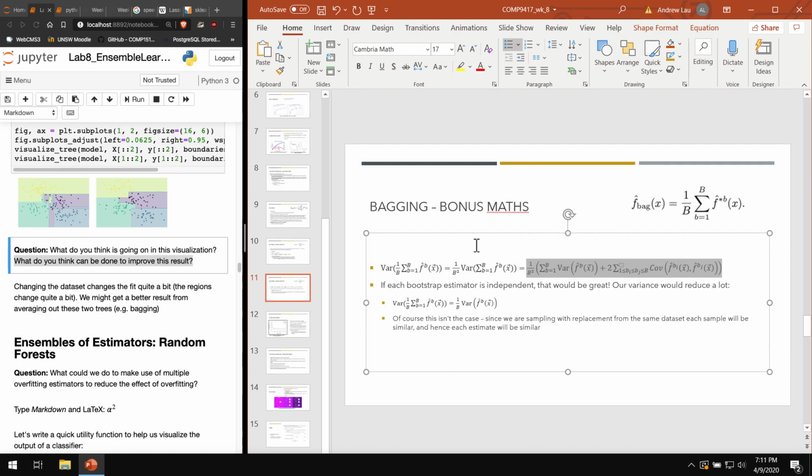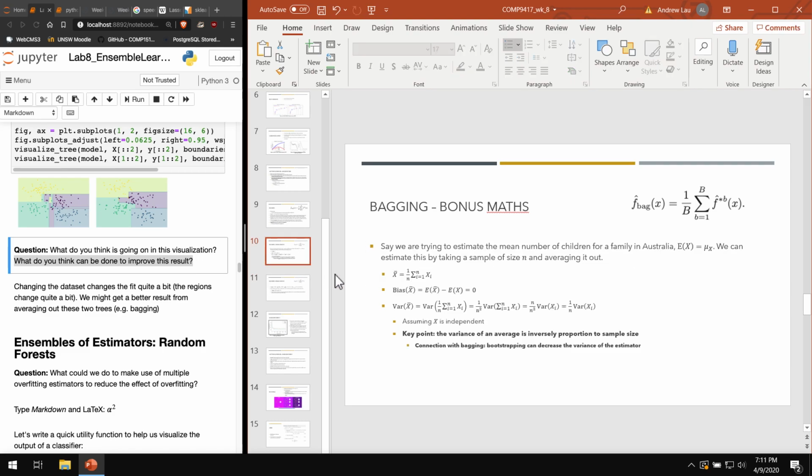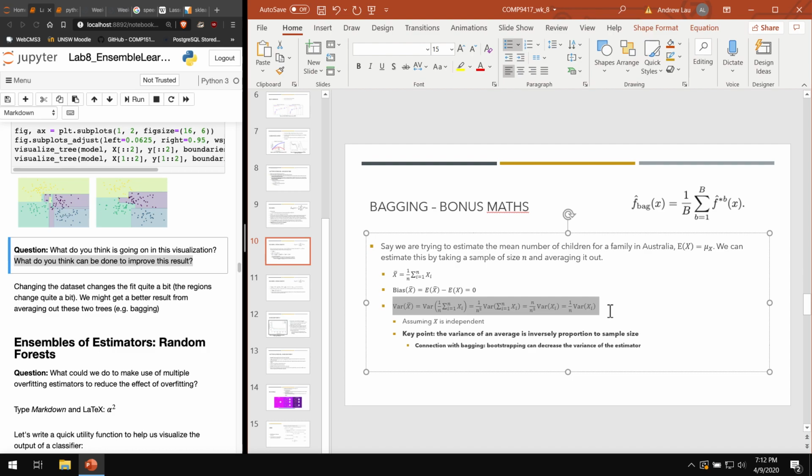There's a concept in statistics whereby when you take an average of something, when you're trying to estimate something, the variance decreases inversely proportional to the sample size. Another way of saying it is that the higher your sample size, intuitively, the better your estimate. The variance of the estimate tightens up, it decreases, right?